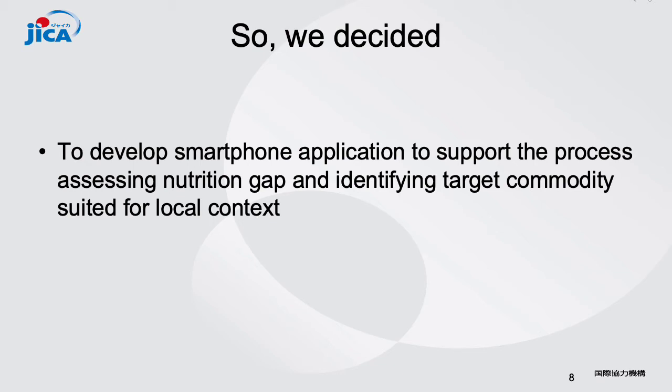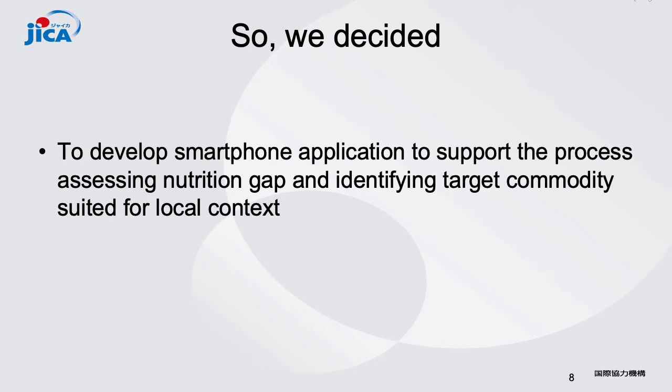So up to here, I hope you have understood what is the nutrient-focused approach, how we can identify nutrition-dense food, and how we can make use of food composition table to calculate required amount of nutrient, protein, vitamin A, or iron, any nutrition.